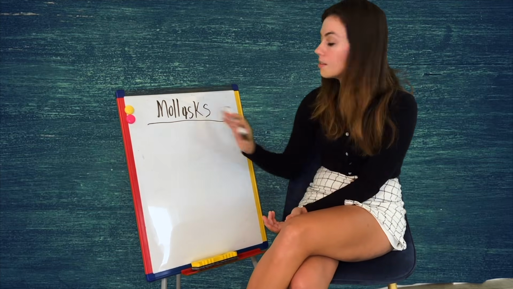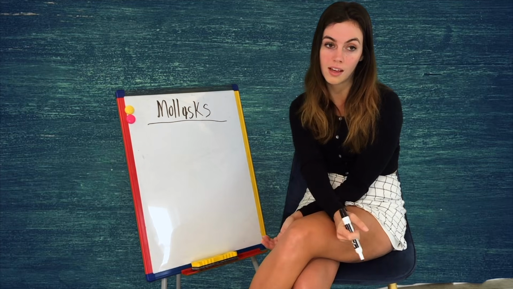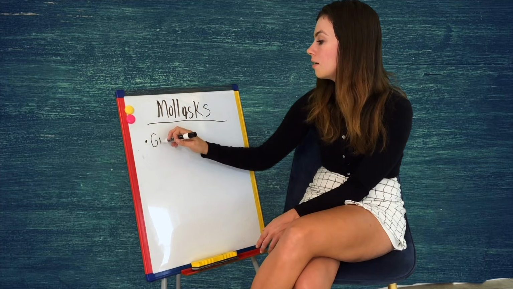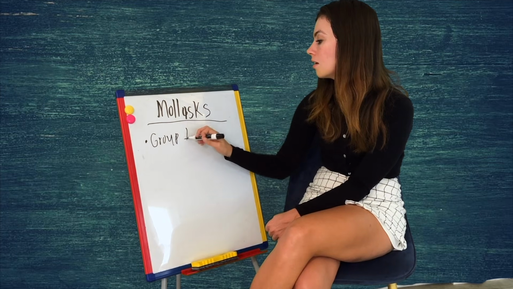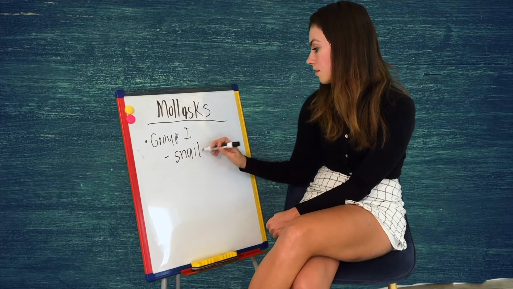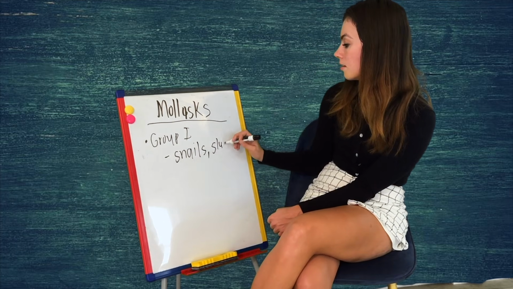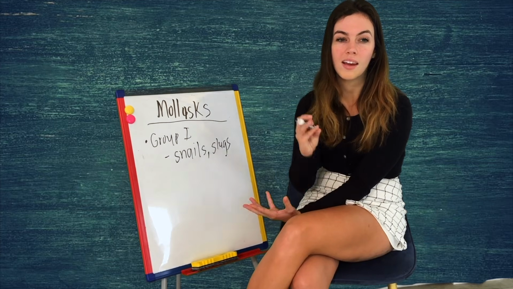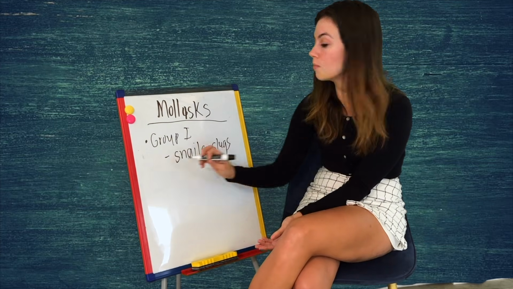So with these, there are more than 100,000 species. There's 3 groups. So within group 1, we have snails and slugs. So they have kind of like coiled shells. Group 2.